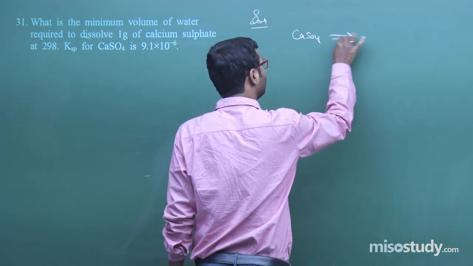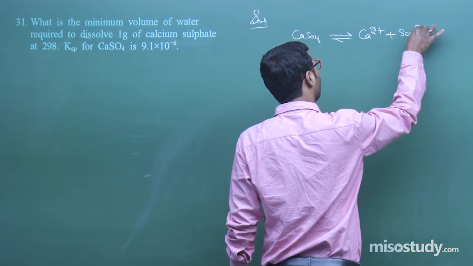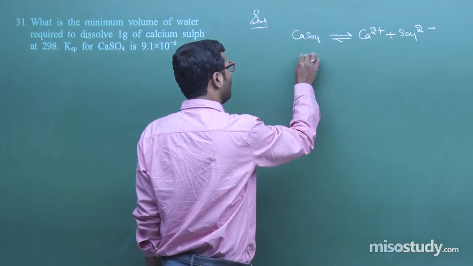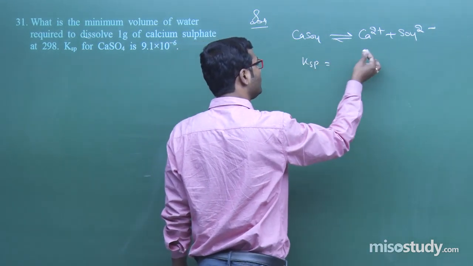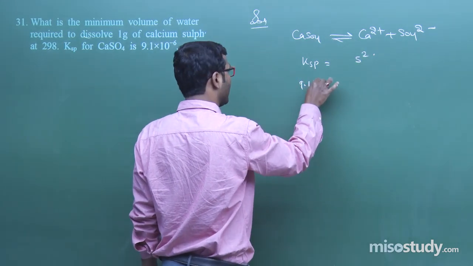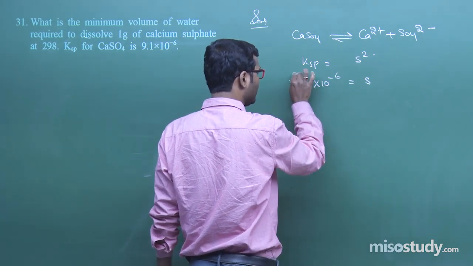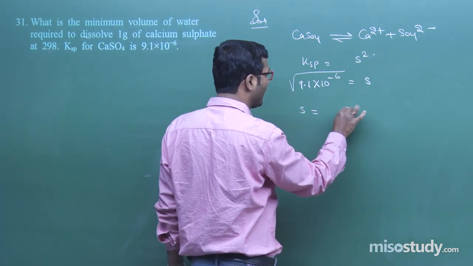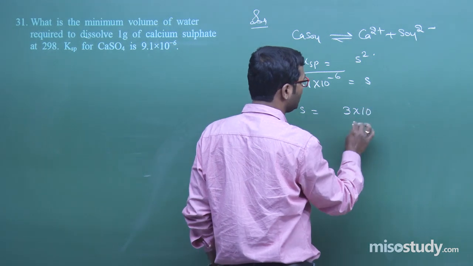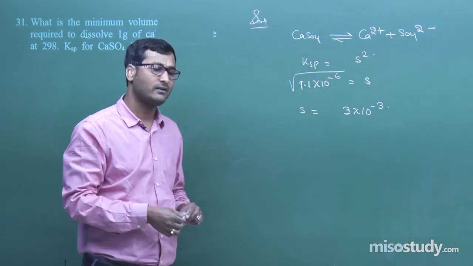It will break like this, Ca2+ and SO4 2-. Now KSP will be equal to S into S, S square. KSP is equal to 9.1 into 10 to the power minus 6, square root. We will get the value around 3 into 10 to the power minus 3. This is the value of S.